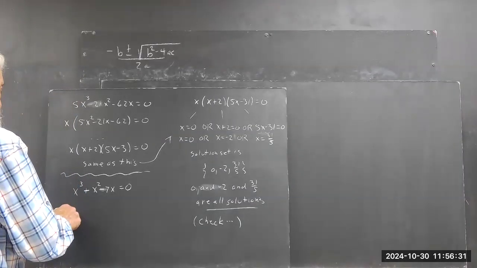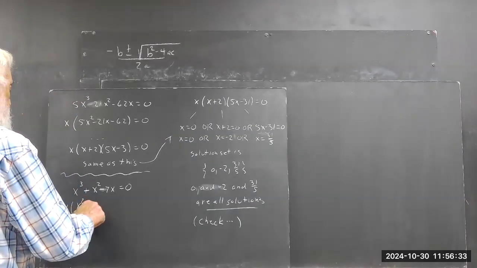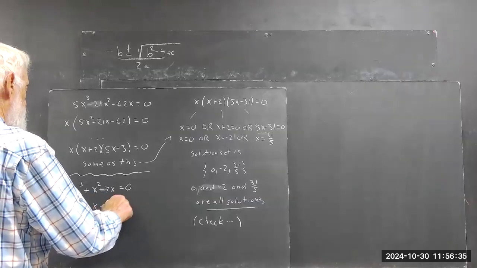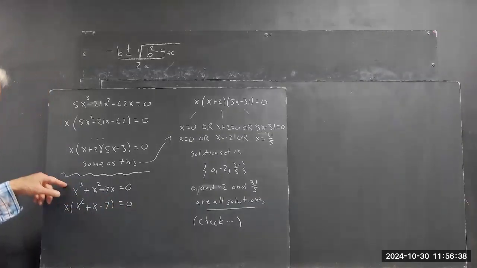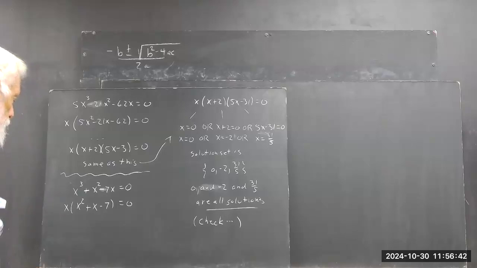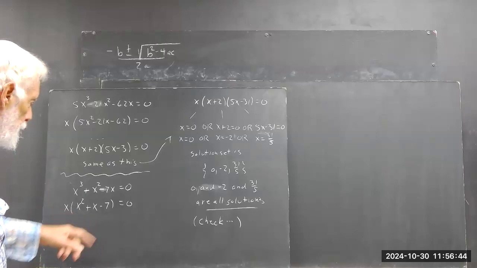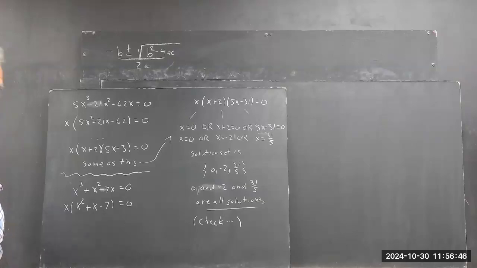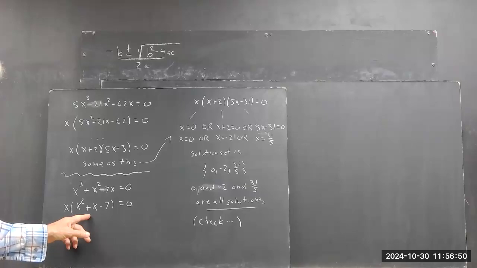First, x times x squared plus x minus 7 is the same as what we have here. So we rewrite the equation. We can try the algorithm for factoring, and it's not going to work. You can't factor this.